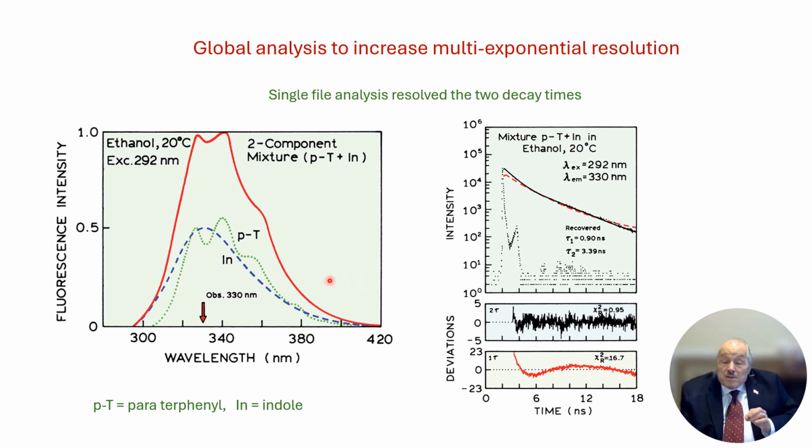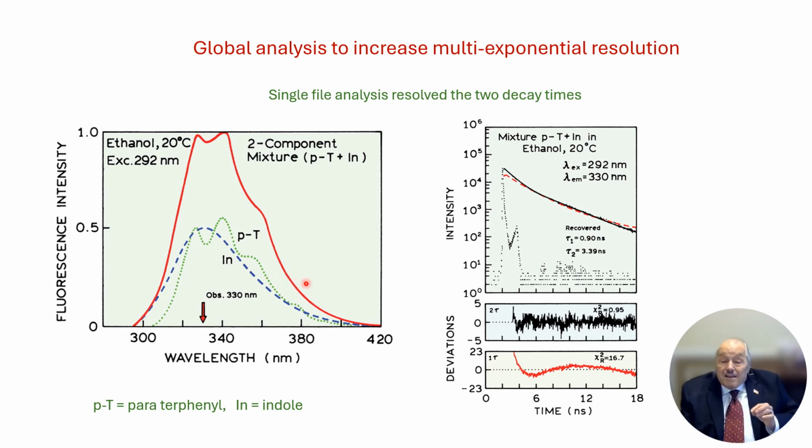But there's a thing you can do with the multi-exponential decay. You can say, okay, I believe there are two compounds there and they have the same lifetimes. You don't know what that lifetime is, but you think they're the same.